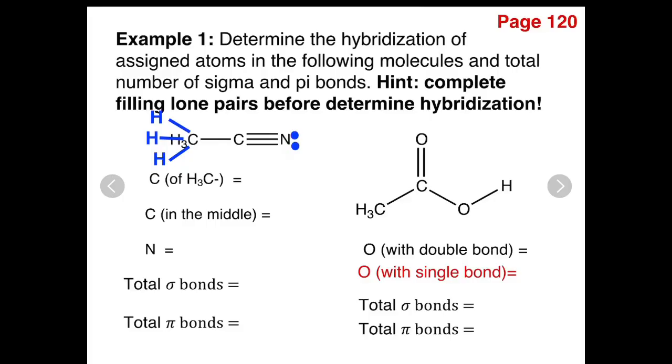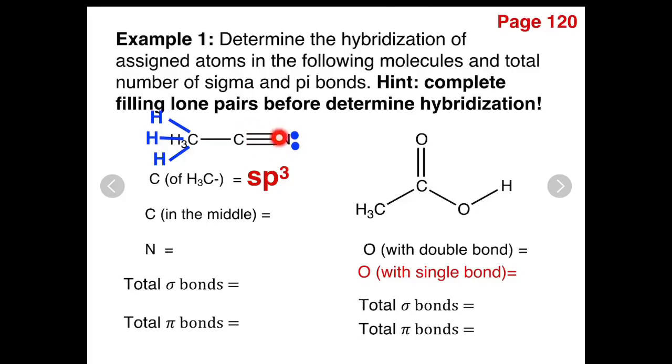So in this case, the carbon that is connected to 3 hydrogens would have tetrahedral electron domain geometry, which is 4 electron domains. The hybridization associated with 4 electron domains would be sp3, because 1 comes from the s and the other 3 come from the p, so the total is 4. The carbon in the middle contains only 2 electron domains, since a triple bond counts as 1 region.